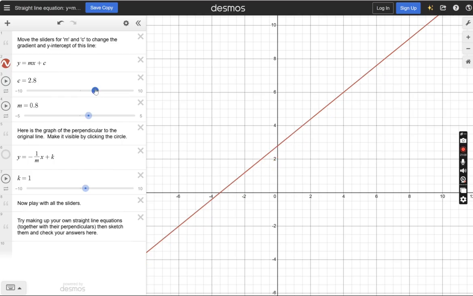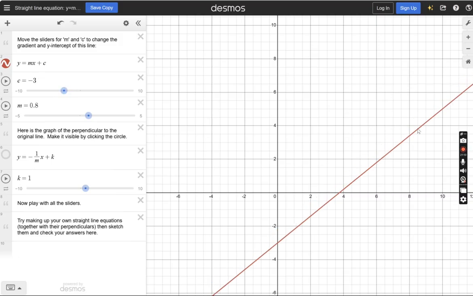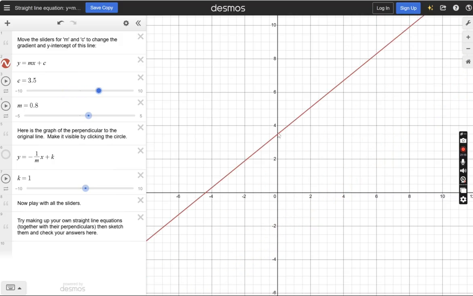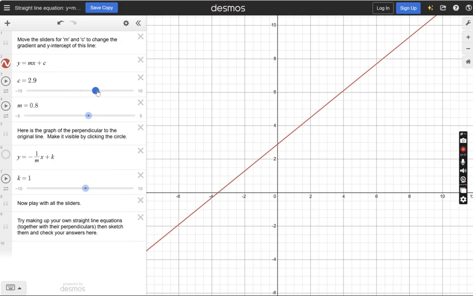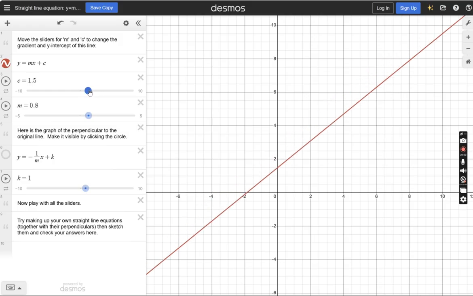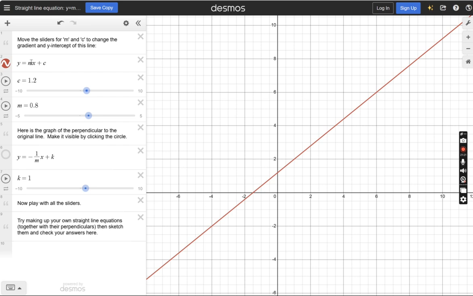By controlling this intercept. If my data is here, I will bring it here. If my data is here, I will bring it here. By controlling this term, the intercept. Did you understand this concept? Intercept and slope.